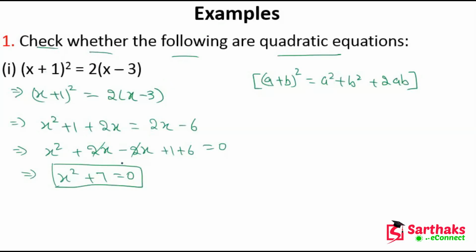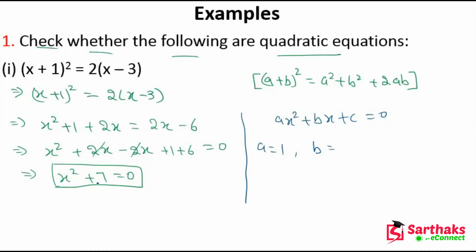Now we are comparing this equation with our standard form. What is the standard form? We know that ax square plus bx plus c is equal to 0. Now what is a? We have a is equal to 1, which is the coefficient of x square. What is b?